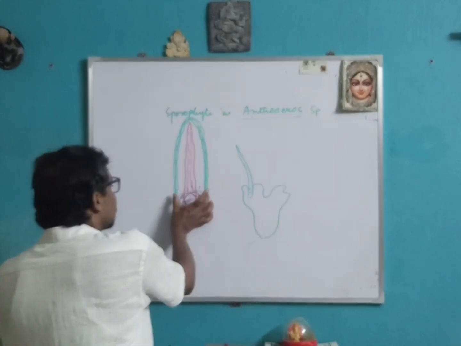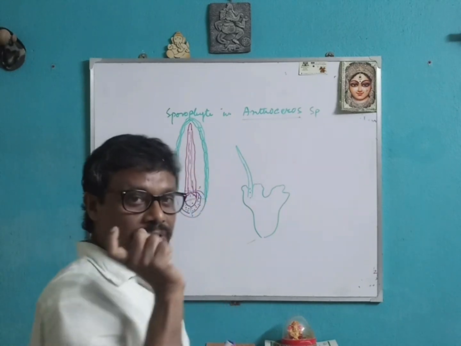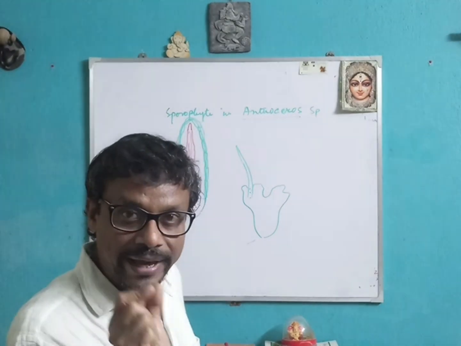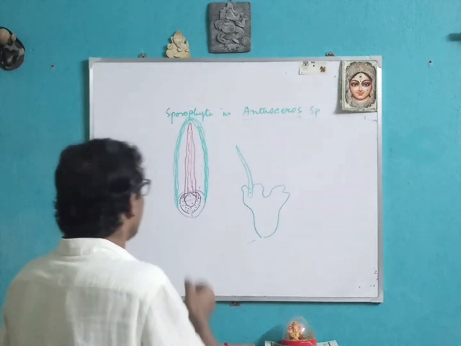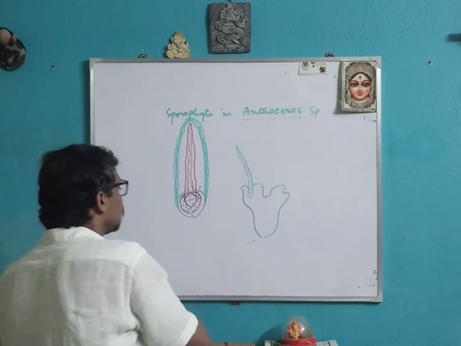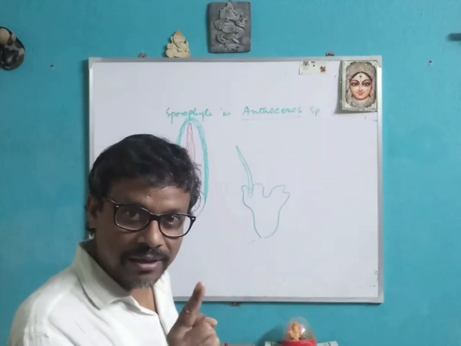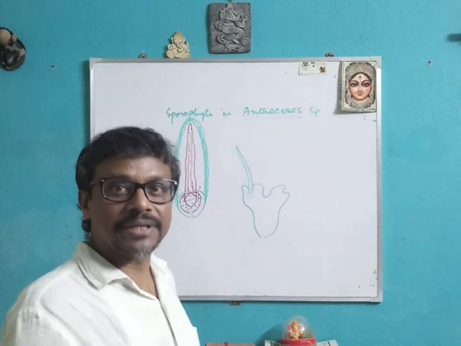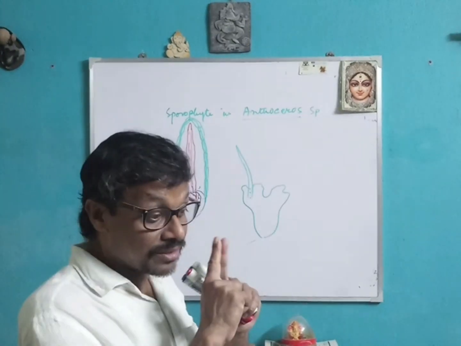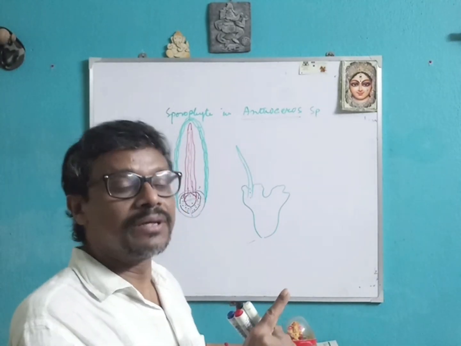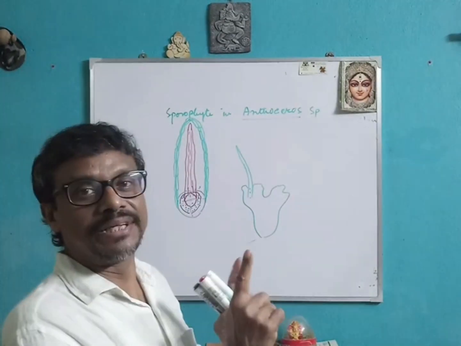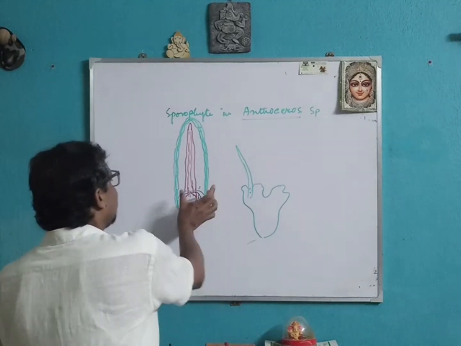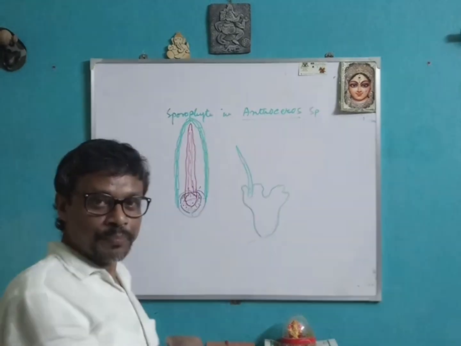Sir, the capsule in Anthoceros has a 6 to 8 layered jacket. Suppose the outer amphithecium had a single layer of cells, then we would have had a single-layered jacket of the capsule. But later on it was found that the single layer of amphithecium further divides periclinally to give rise to a 6 to 8 layered capsule jacket.